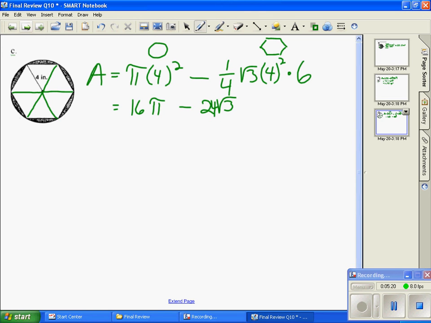Okay, so that's how far we can do it without a calculator, so let's plug it into our calculator and find a final answer. Okay, and I get for the area that it's 8.69, 8.7. And it says inches, so inches squared.